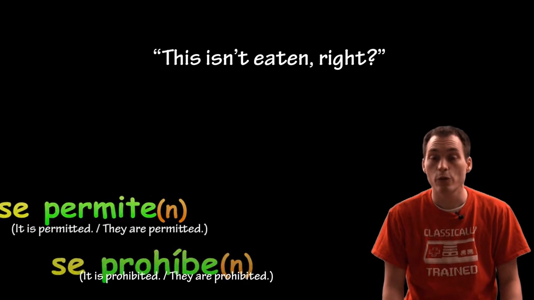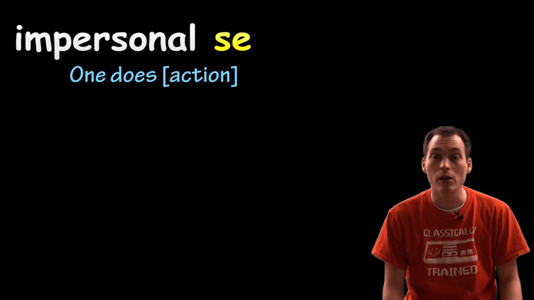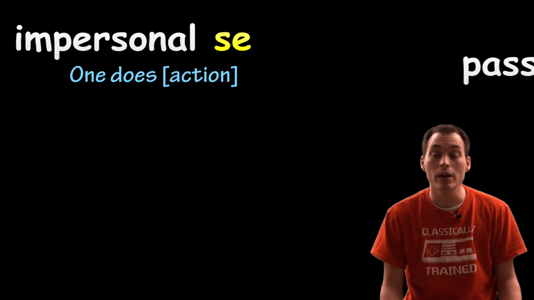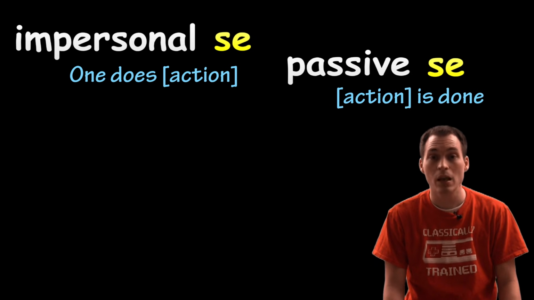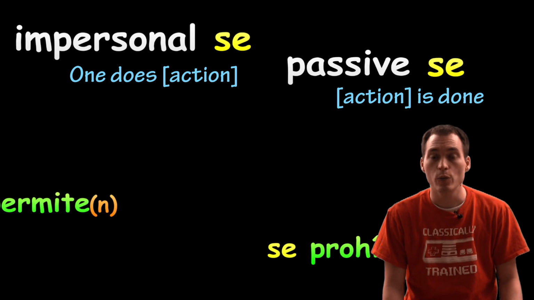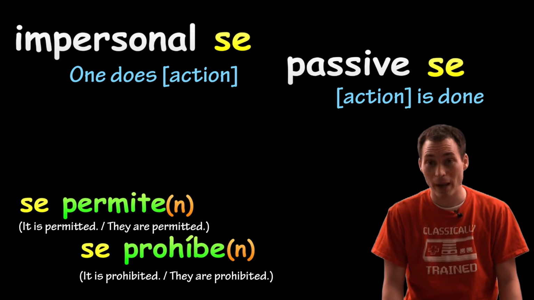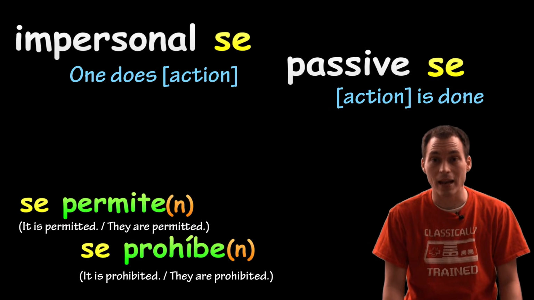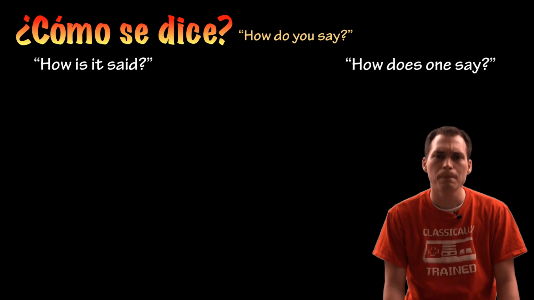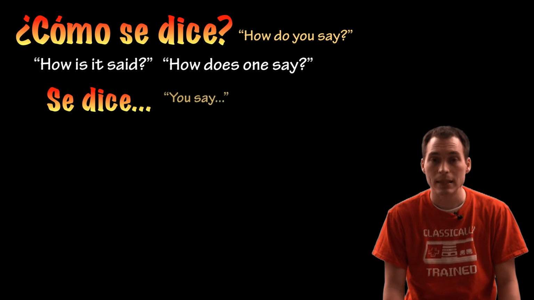The se before come makes this a usage that we call the impersonal se, or passive se. We actually have seen this before without realizing it in the videos that I've mentioned with se permite and se prohíbe. But if we go even further back to one of the first videos in the entire series on the alphabet, we saw the phrases ¿Cómo se dice? And the answer, se dice.